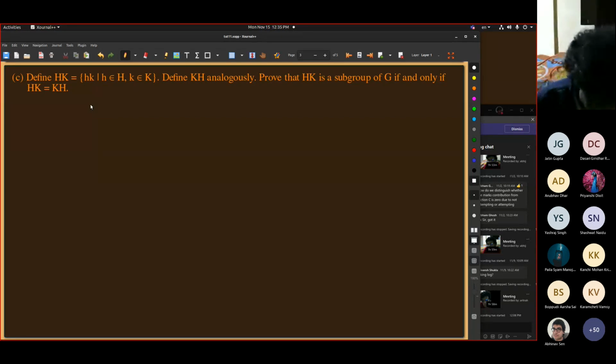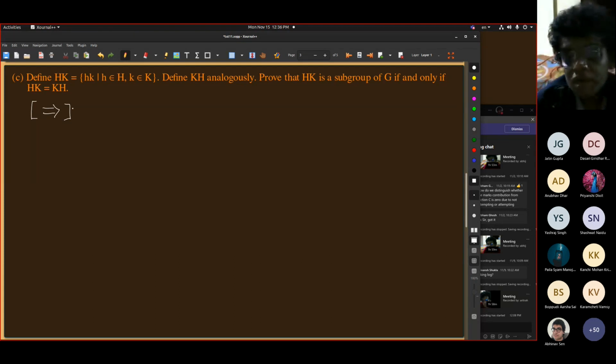Okay, so which one is easier in this case? Easier things first. The only if part is easier here. Assume that HK is a subgroup, then you have to show that HK is equal to KH.